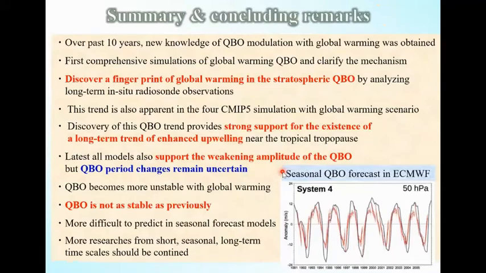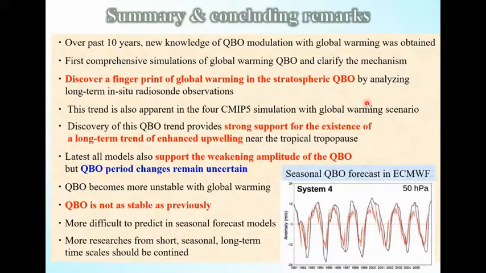So over the past 10 years, new knowledge of QBO modulation with global warming was obtained. At first, I did the first comprehensive simulations of global warming QBO and clarified the mechanism of weakening of the QBO.